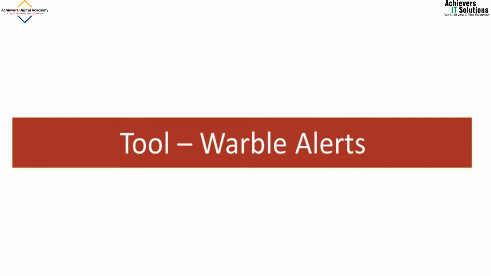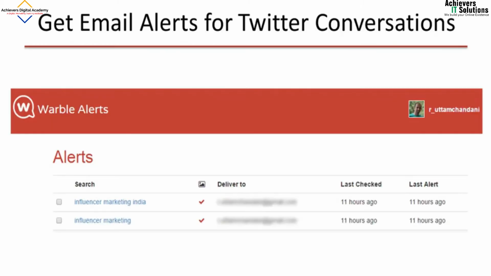So let's look at this tool first. This tool helps you create email alerts for Twitter conversations that you want to monitor. So if you want to monitor a specific conversation, you can enter that into this tool, and this tool will then send you an email whenever any activity happens. If there is activity happening every day, then it will send you a daily digest email once a day with all the activity that is happening around that particular topic. So let's go to the tool and see how this tool works.